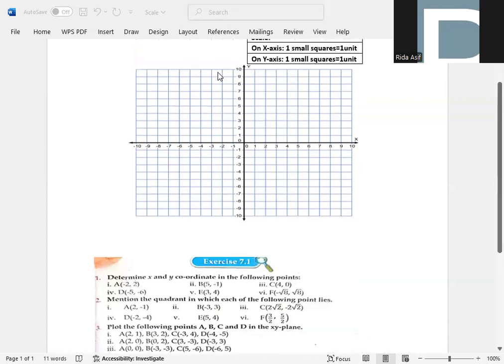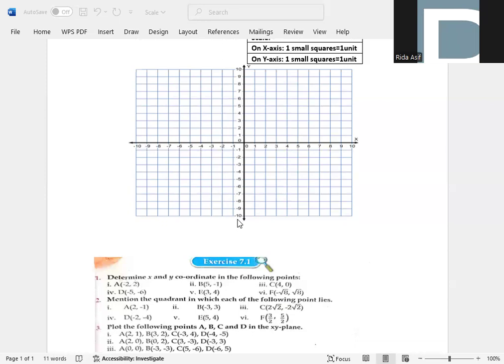What we have to do, students? First, we have to draw the scale on the x-axis and y-axis. After drawing the scale, we have to mention these points: 0, 1, 2, 3, 4, 5, and the negative points on the negative x-axis, positive points on the y-axis, and the negative points on the negative y-axis.